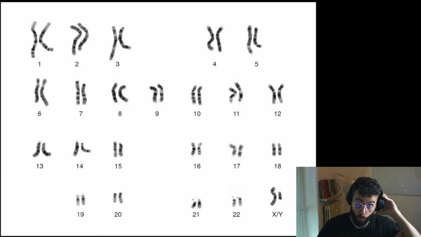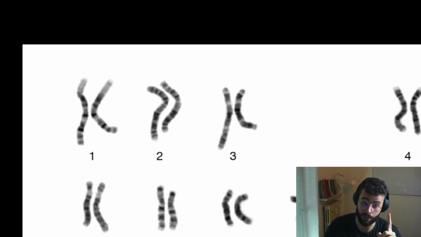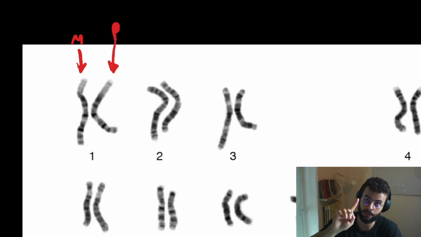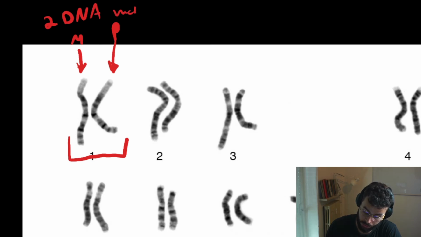And each one of these pairs is a DNA molecule. So this is, let's say, the maternal. And this is the paternal DNA. Now, each one of these is a single DNA molecule. So chromosome 1 in diploid cells will have 2 DNA molecules.